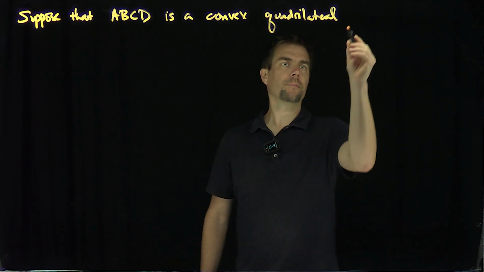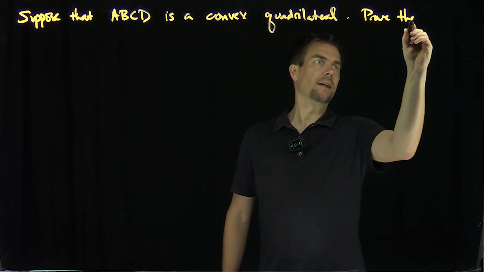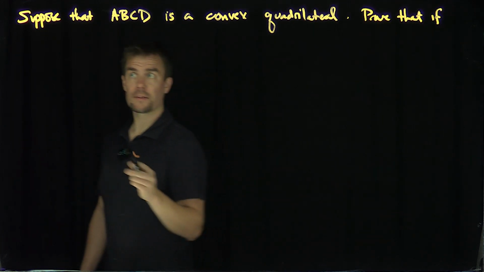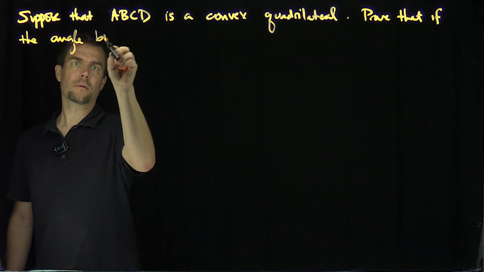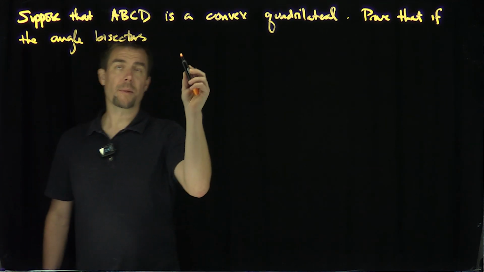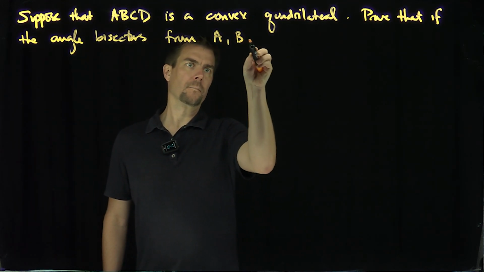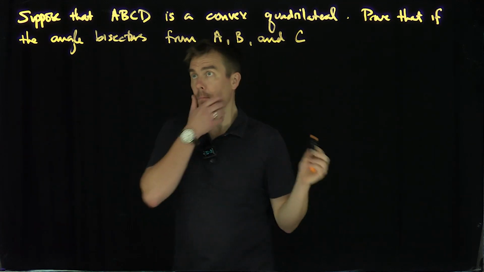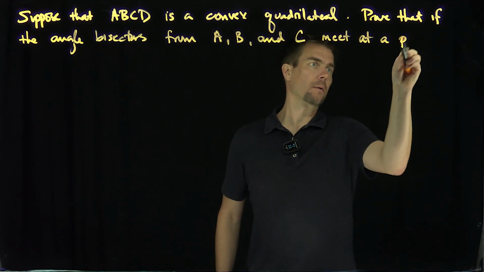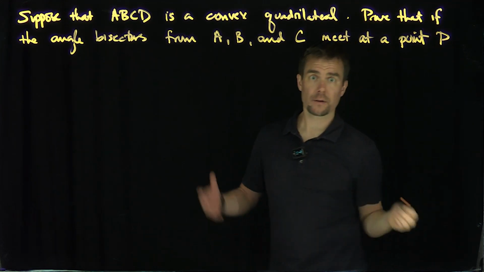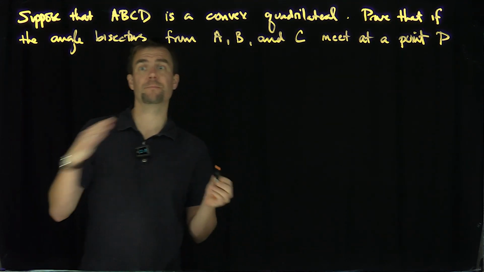Let's prove that if the angle bisectors from A, B, and C meet at a point P, that means they're concurrent at that point P, then the angle bisector through D also intersects P.